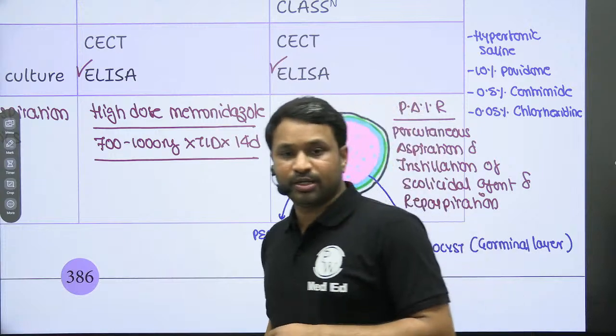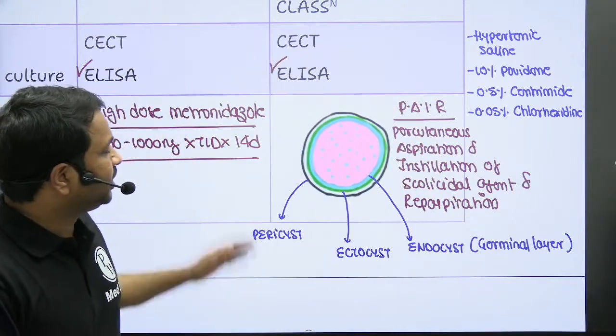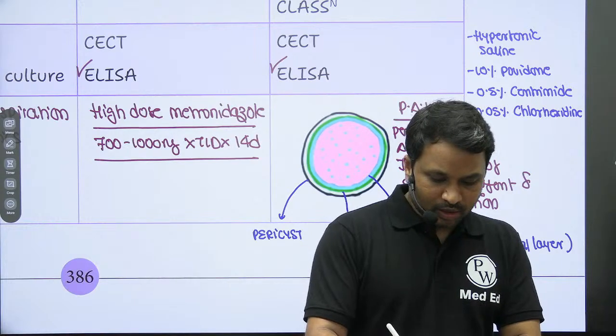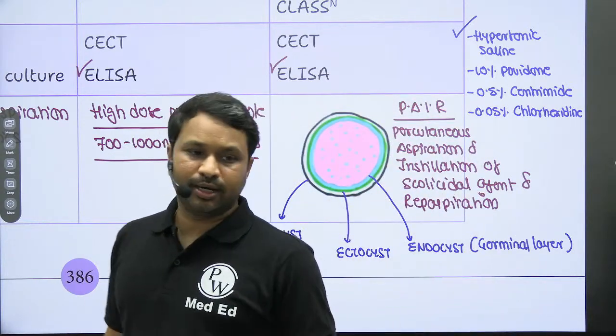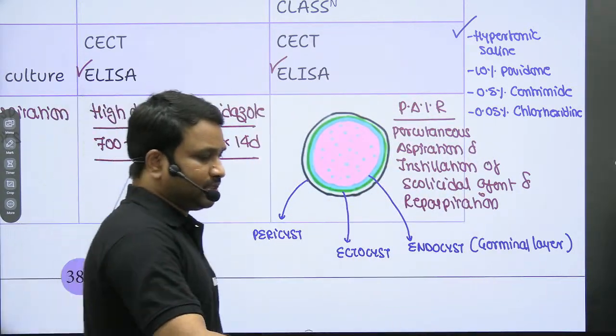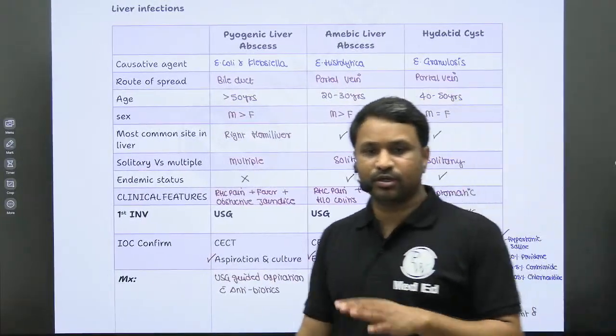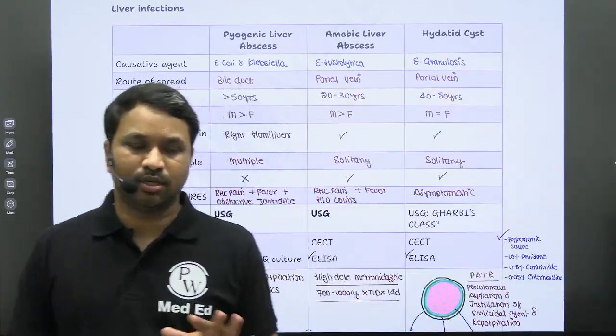So all these are your scolicidal agents. This is all that you should know in the context of liver infections. Clear? Chalo.